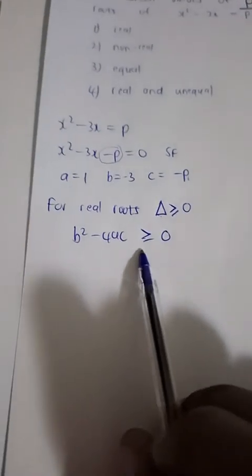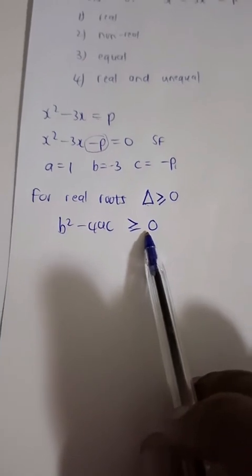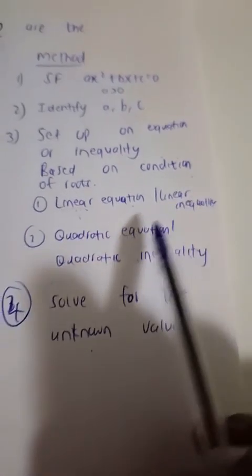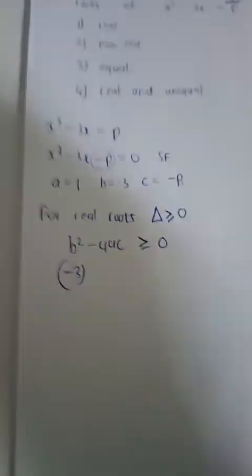So you see guys how we set this up. In this case it is an inequality, but is it a linear inequality or a quadratic inequality, because we've got an inequality sign in the mix. So b is negative 3. Now we can substitute so that our equation can be set up.